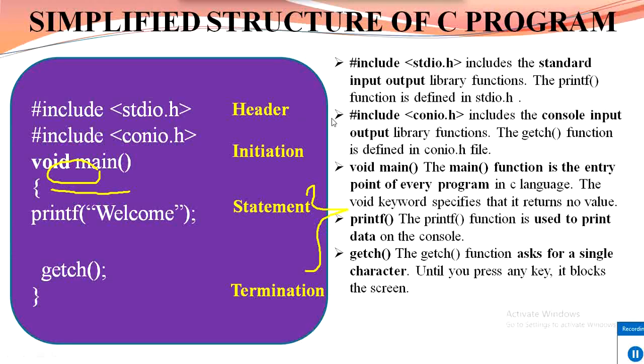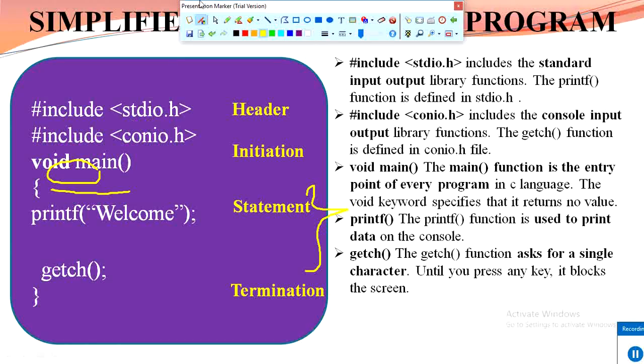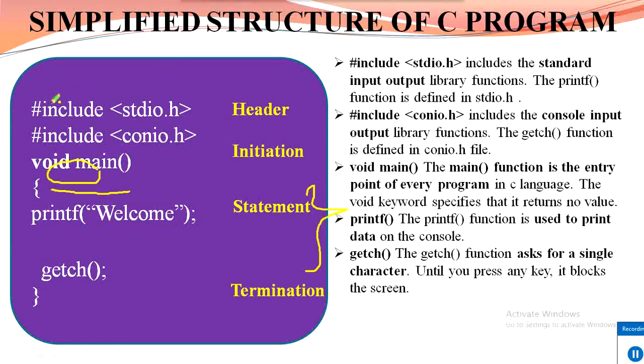Simplifying this C programming, we can write the structure of C programming as this. At the start, we have to write the header section, that is the libraries that we want to use. Here we have used #include stdio.h and #include conio.h.